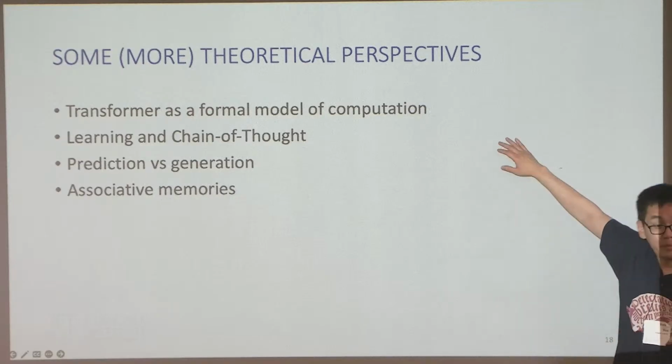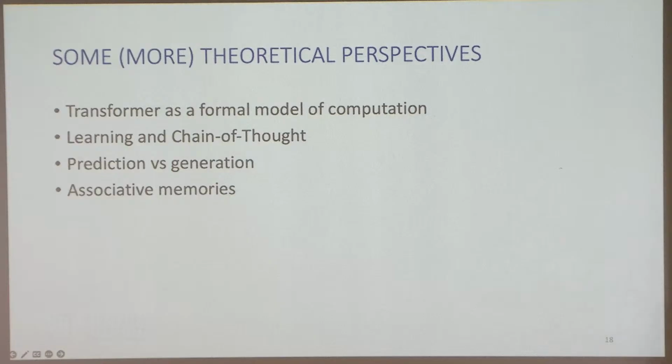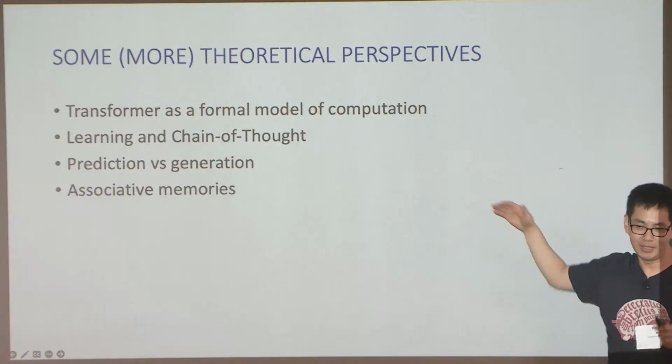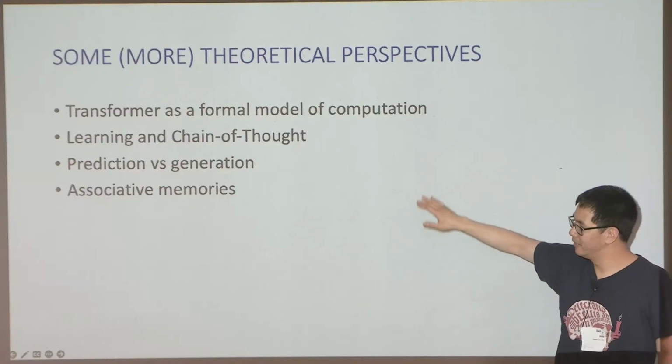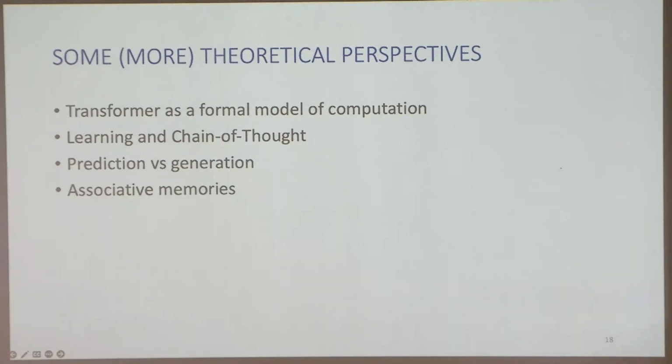The second one is about learning, from classical learning theory. What can we say about transformers? Are they learnable? Are they not learnable? And can we change the model of learning to say some interesting things? This will be related to the 2 different uses of a language model, prediction and generation. And then finally, I'll conclude with a precursor of transformers, something that people have been studying for a long time and trying to connect to transformers recently.